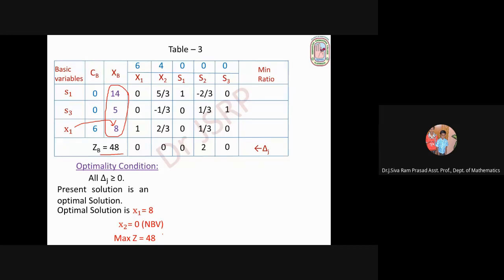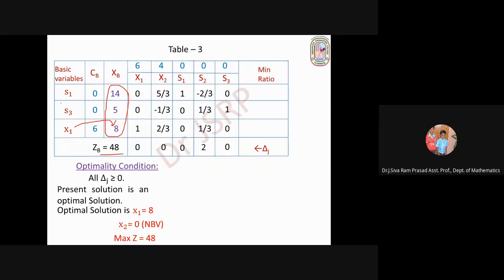Okay. Right. Now we have to check whether the problem has multiple optimal solutions or not. How do you identify multiple optimal solutions? The last simplex table is the starting point to find multiple optimal solutions, if they exist. So what is that condition? In the last simplex table, for a non-basic variable, if delta j is 0, then the problem has multiple optimal solutions.